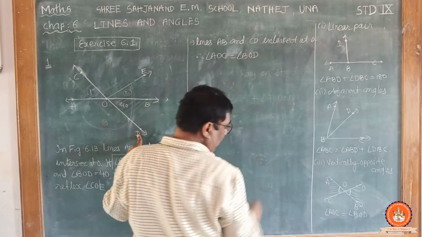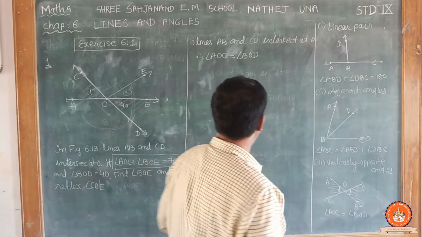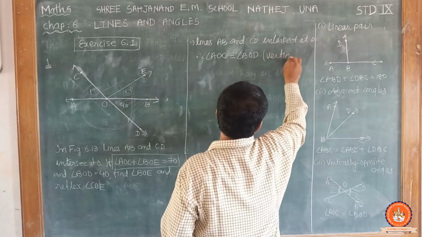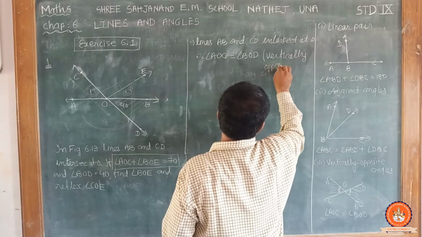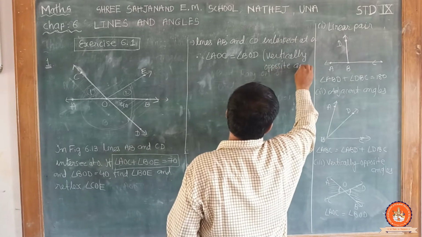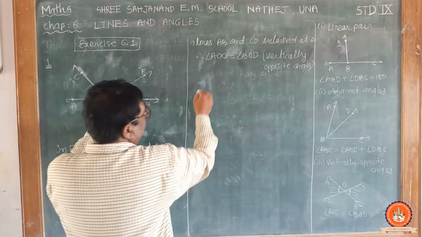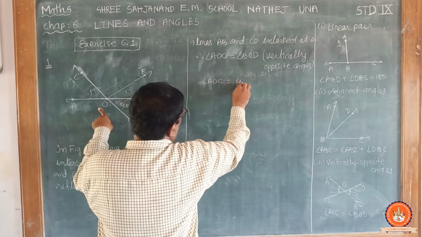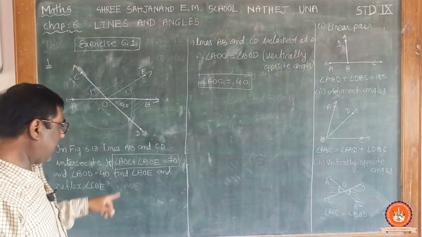They are vertically opposite angles. Vertically opposite angles are equal. So AOC is also 40 degrees.